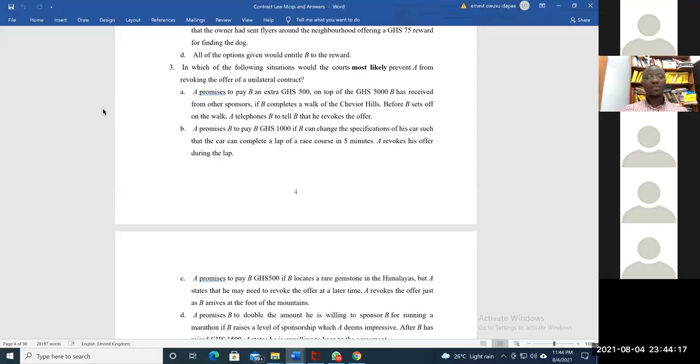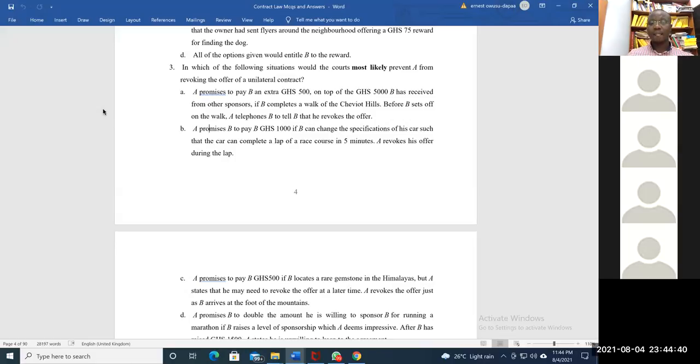Before B sets off on the walk, A telephones B to tell B that he revokes the offer. So is that the permissible way of revoking an offer in unilateral contracts?